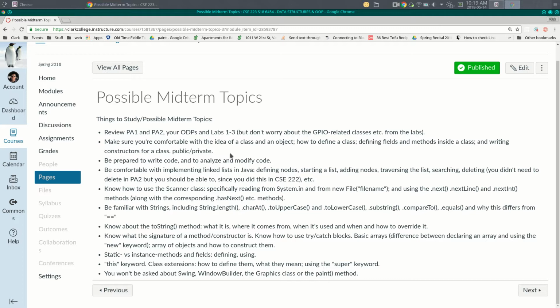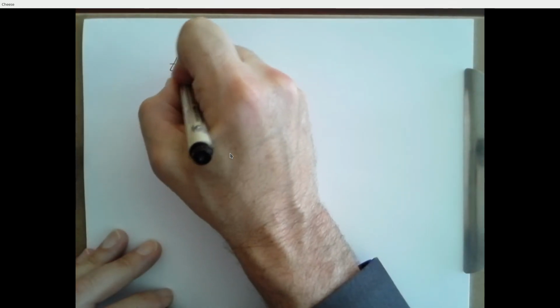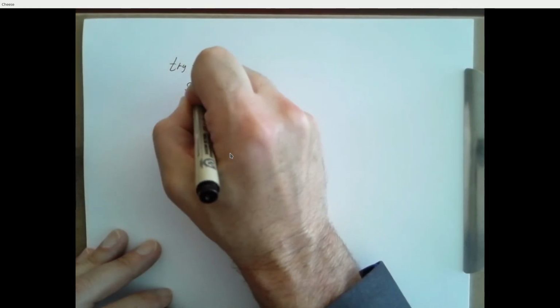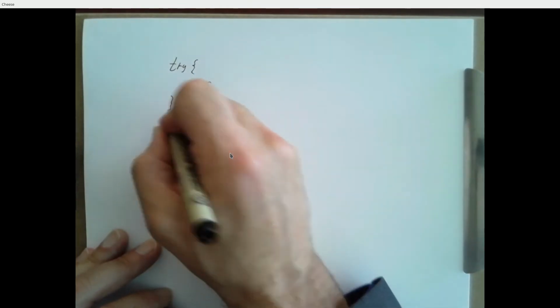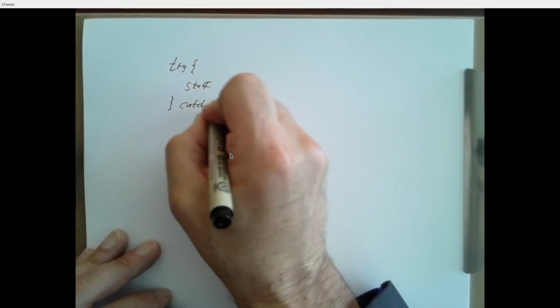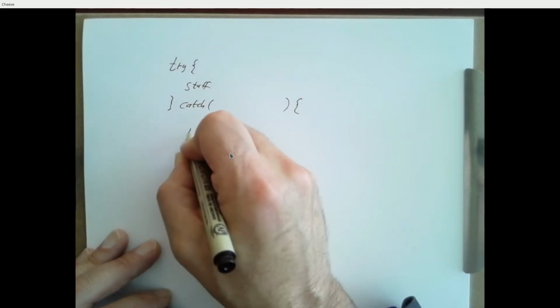You should know how to use try-catch blocks. Again, jot down that syntax if you're not used to writing it, because you can write it with the click-through and say surround with try-catch. But make sure you know try, curly bracket, list of statements, and then catch, and more stuff.